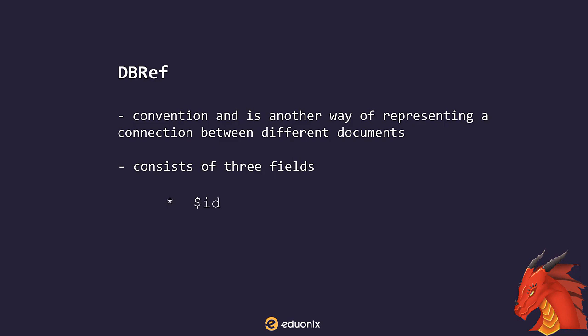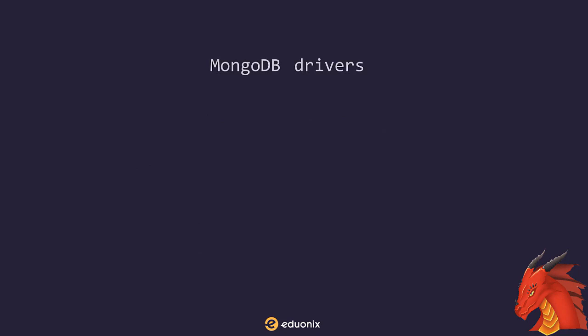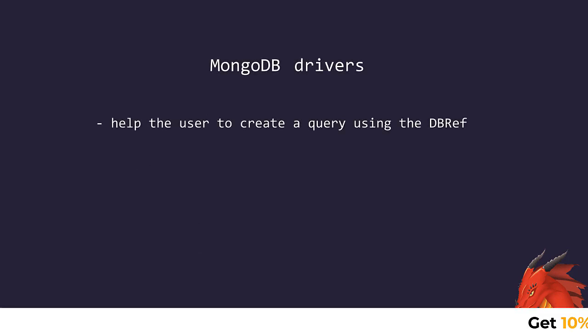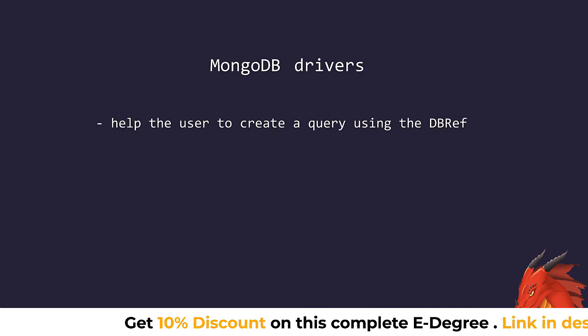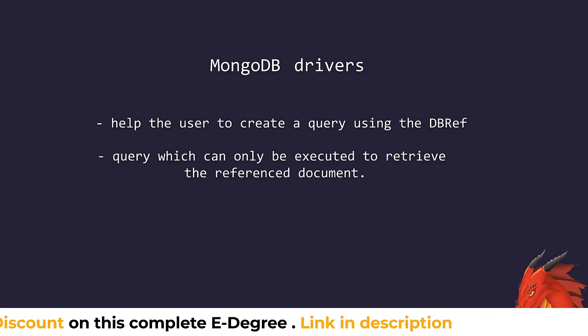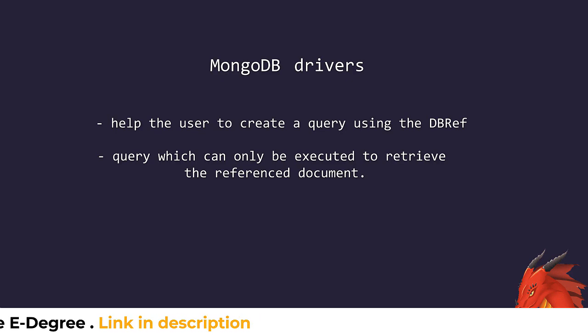The second field in a DBRef is a ref, which names the source collection. Optionally, the third field, a DB database name, is desirable if the document collection is in a different database. MongoDB drivers will help the user to create a query using the DBRef. This will be a query which can only be executed to retrieve the referenced document.